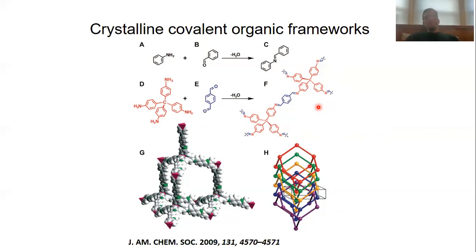Okay. So from organic chemistry, we know that when we react a primary amine with an aldehyde, then under the elimination of water, we are forming what is called a Schiff base, or also called an imine.